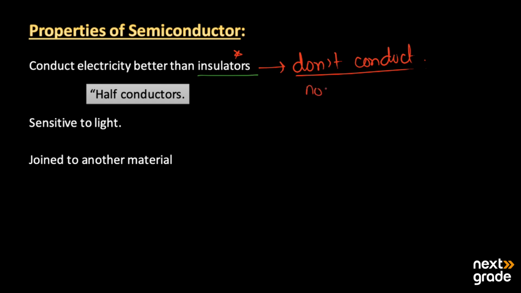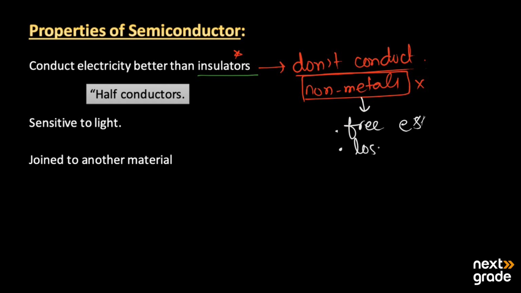Mostly non-metals are insulators in nature because they cannot conduct electricity or heat. What is the reason behind that? Non-metals cannot conduct electricity because they do not have free electrons; they do not lose electrons. So that's why they are insulators.